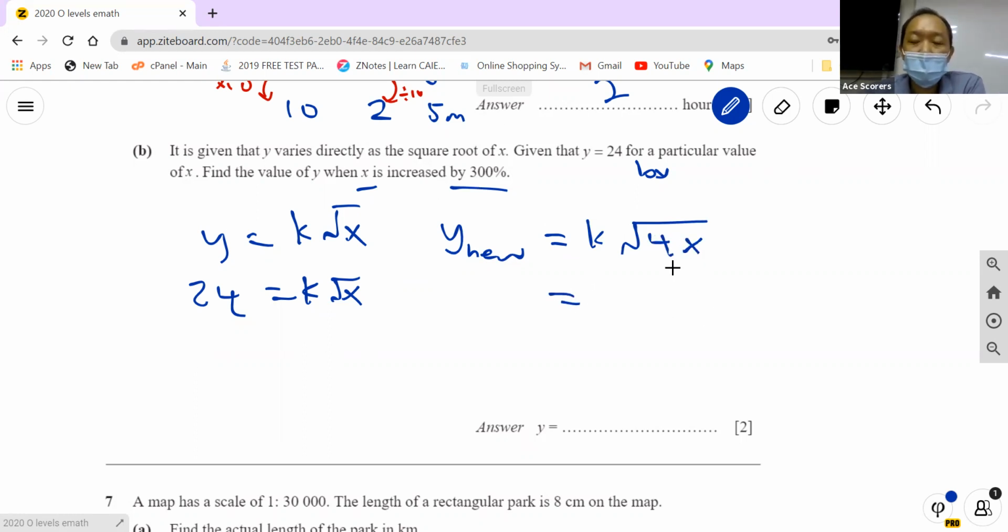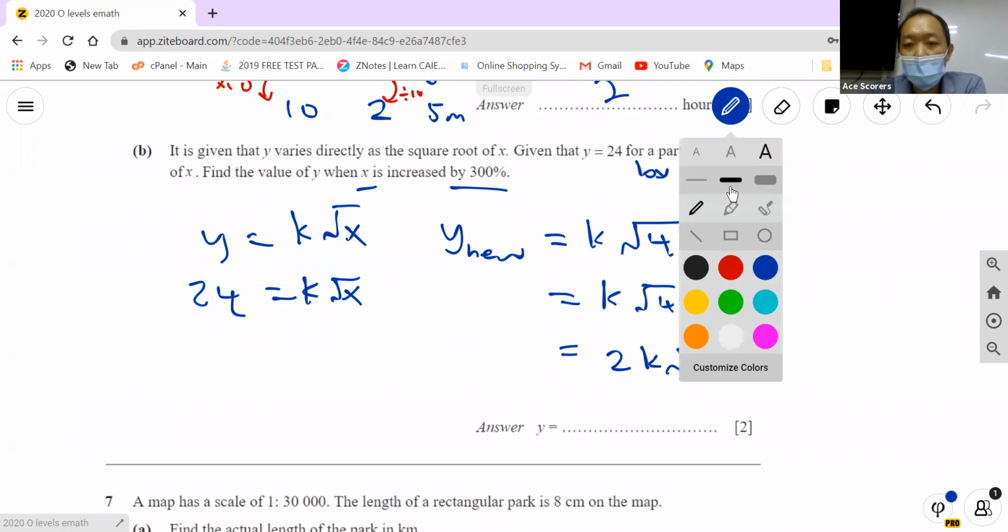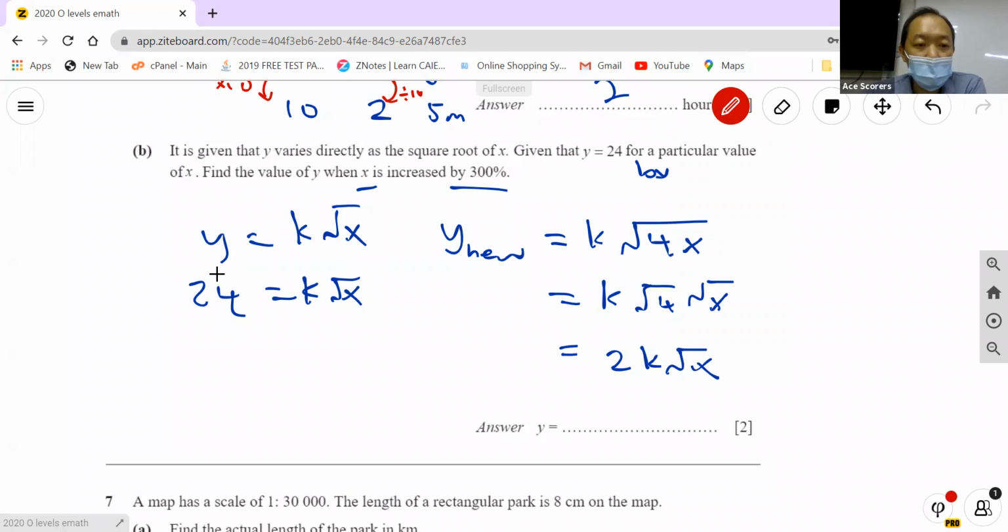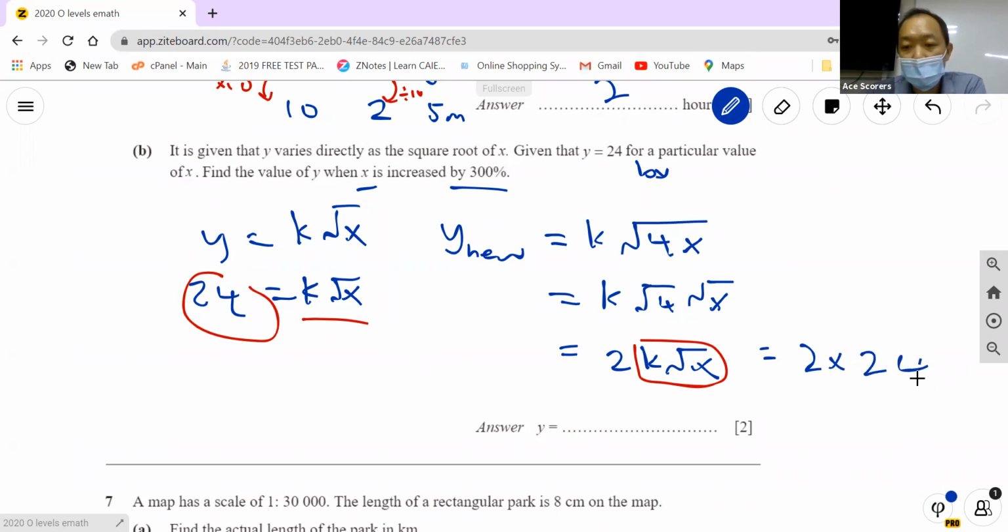Now k square root 4x is the same as square root 4 times square root x, which I can take out the square root 4 to get a value of 2k square root x. And remember from the old number, k square root x is 24. So this box here should become 24. It equals 2 times 24. Hence the answer is 48.